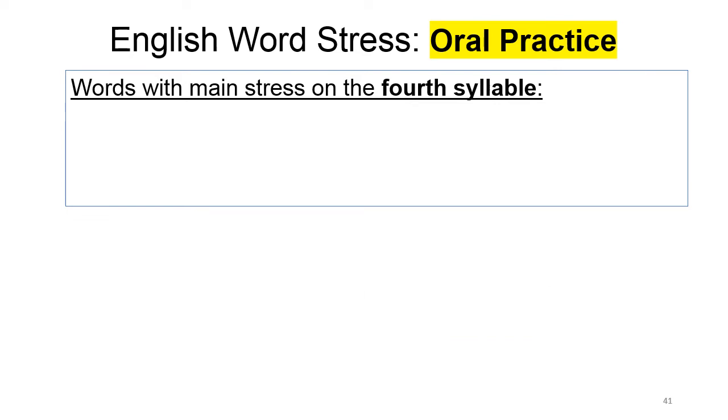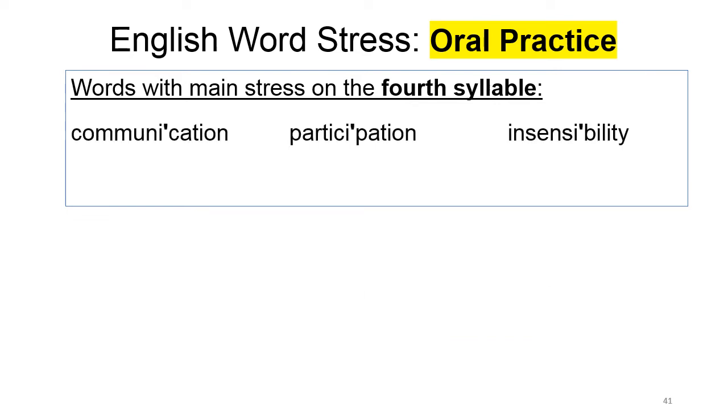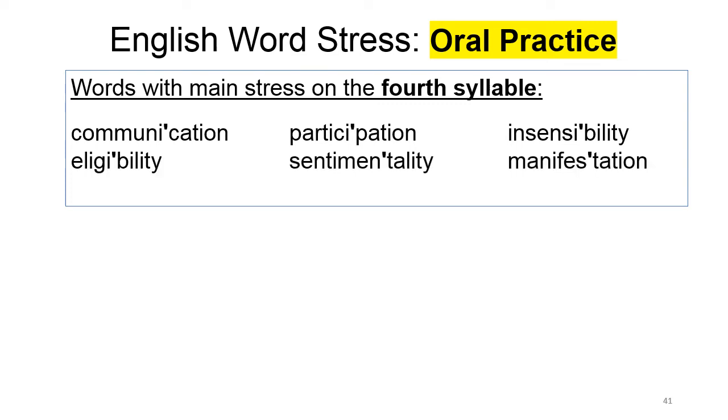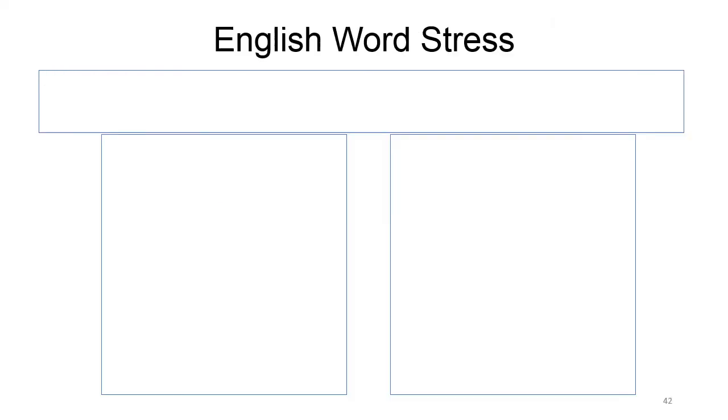Words with main stress on the fourth syllable: communication, participation, insensibility, eligibility, sentimentality, manifestation, incapability, etymological.